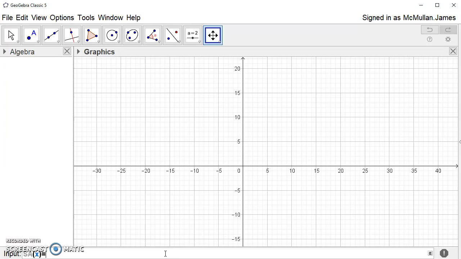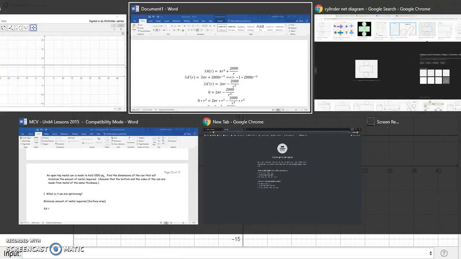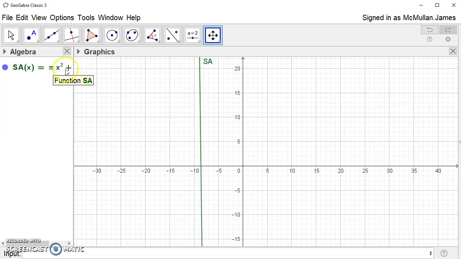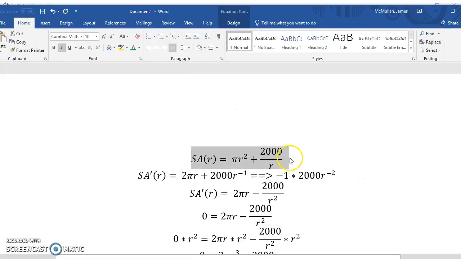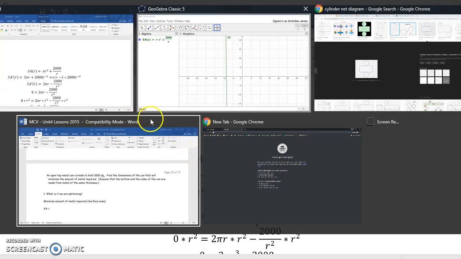SA, I'm going to use x here in GeoGebra, so pi x squared, sorry, not 2 pi r, I got mixed up. Pi x squared plus 2,000 divided by x, right? And this was our surface area function that tells you what the surface area is, depending on what value you've put into the equation.